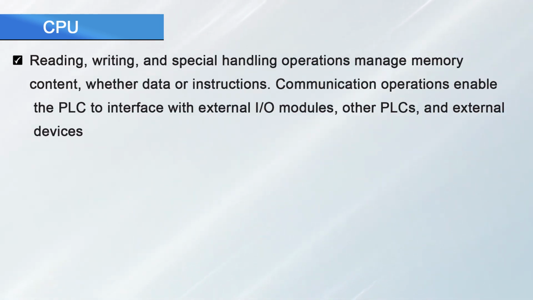The reading, writing and spatial handling operations manage the memory content, whether it is data or instructions. The communication operations enable the PLC to interface with external input-output modules, other PLCs and external devices.